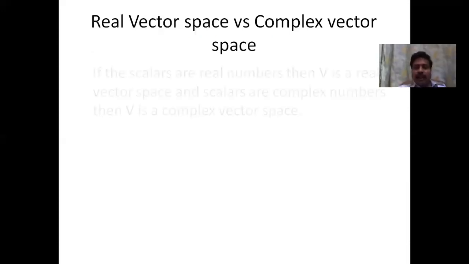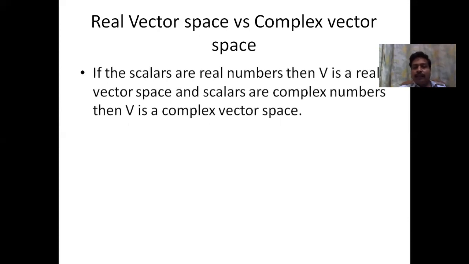If real numbers are taken as scalars, then we call it a real vector space. If complex numbers are taken as scalars, then we call it a complex vector space.